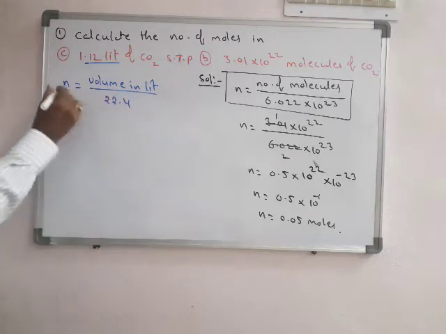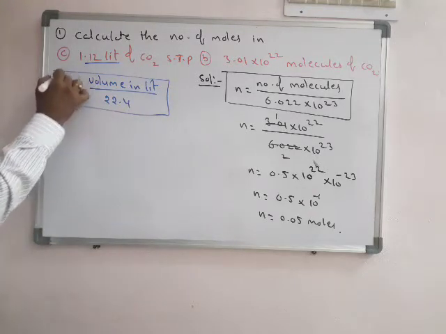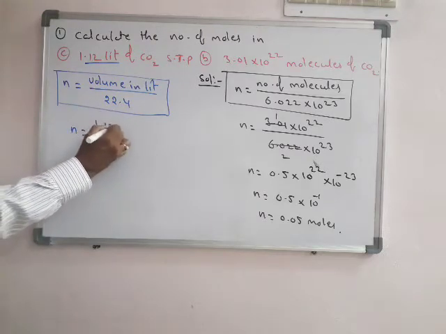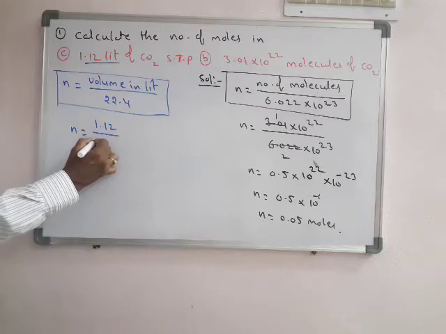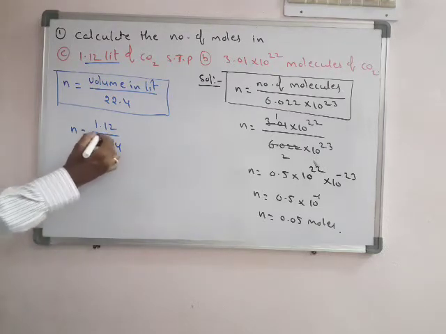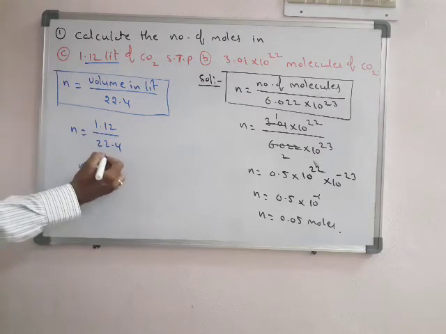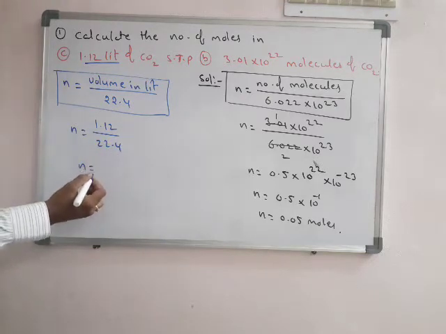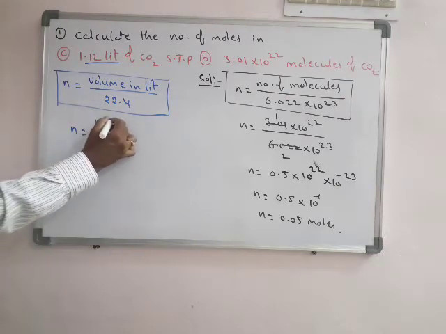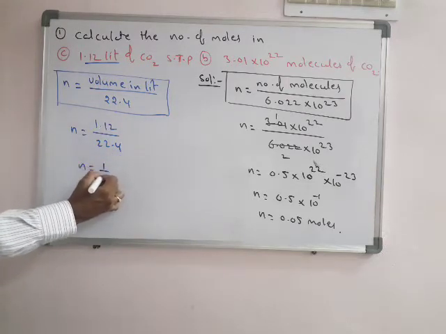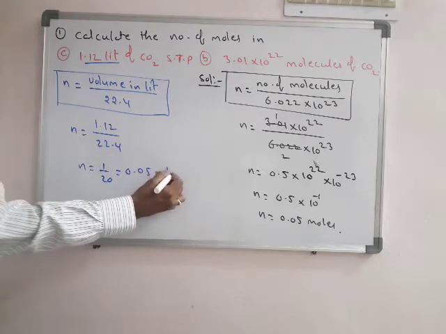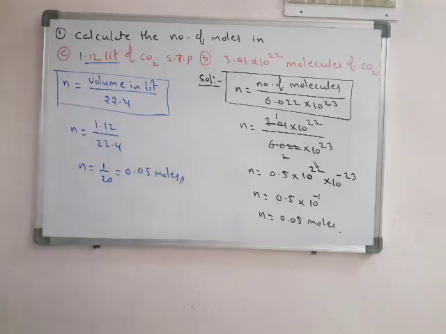Simply we can take it as 22.4, in calculations generally we take 22.4 only. That is 1.12 by 22.4. Just by dividing by 10, it becomes 1 by 20, which is 0.05 moles.